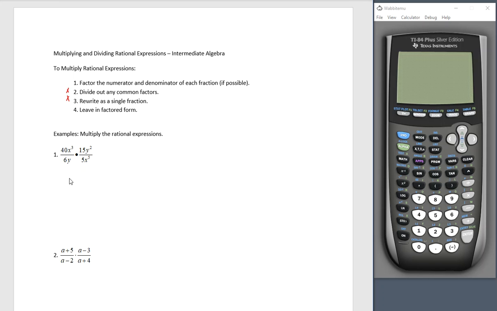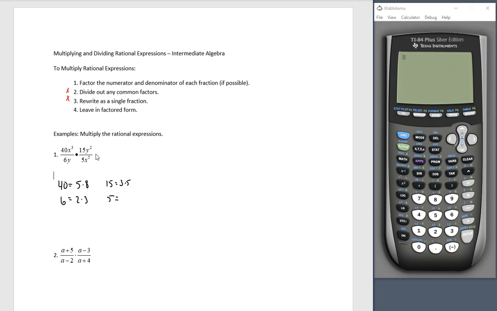So, here's what I'm going to do for number 1. I'm looking at 40 as 5 times 8. I'm looking at 6 as 2 times 3. I'm looking at 15 as 3 times 5. And I'm looking at 5 as 5.